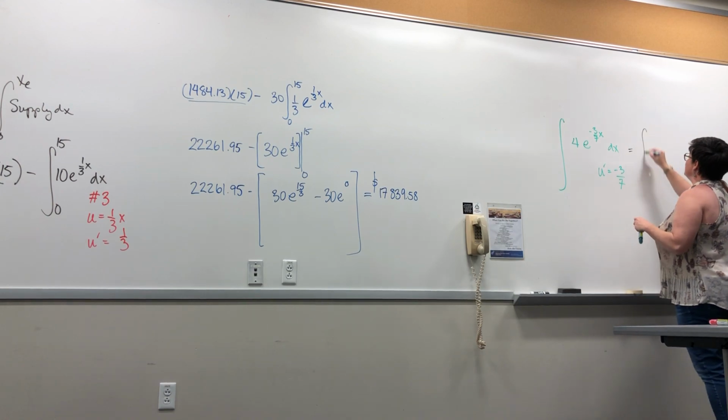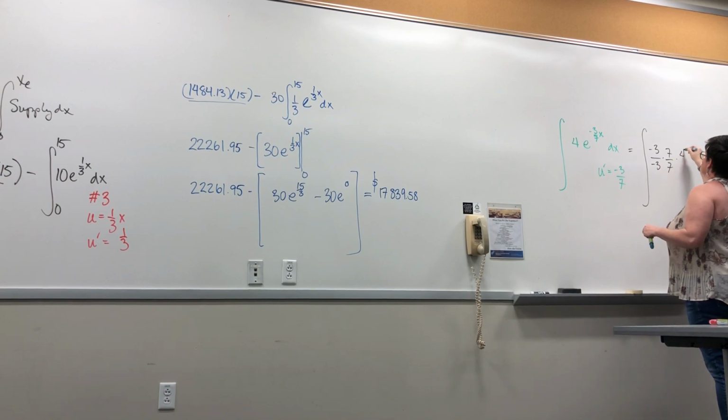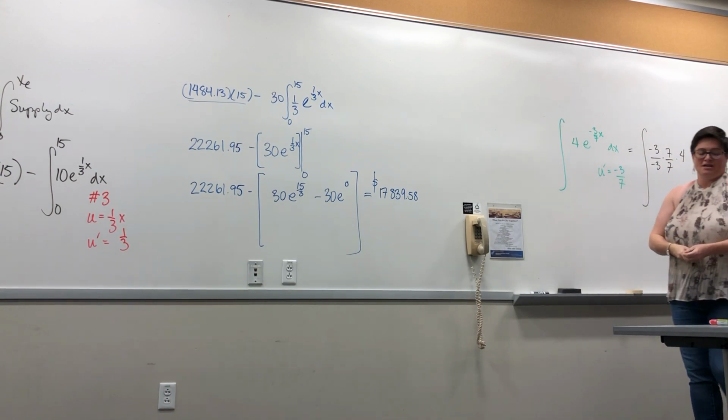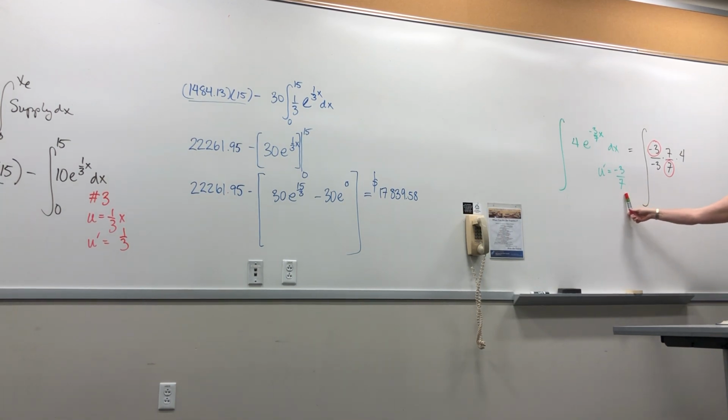If it were me, this is how I would write this: -3 divided by -3 times 7/7 times 4. And then watch what I do. The rest of it is blah, blah, blah. You understand this, right? We've done this enough times. I need a -3, I need a 7. So what goes out? 28 over -3.